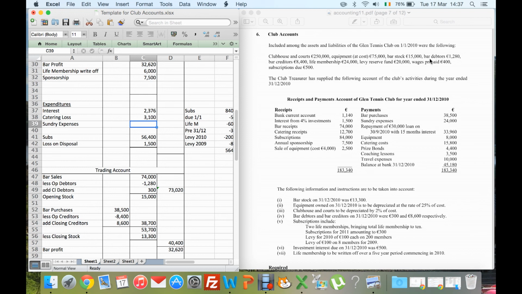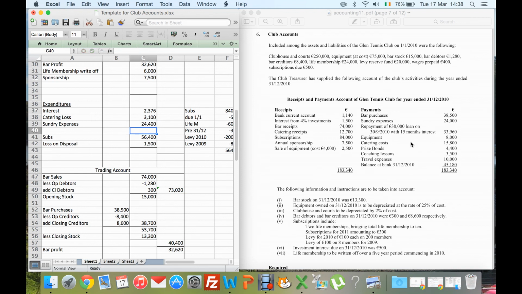So at the beginning there was a wages prepaid of 400. That means including my 24 grand would have been 400 that was prepaid for this year. We paid it last year. It's to do with this year's expenses, so we add it on. And then we look at the end. Are there any other things due at the end? Investment interest due? No. Okay, so there's only that.